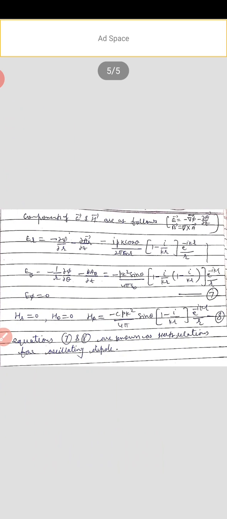And components of E and H are as follows: Er, Eθ, and Eφ = 0.